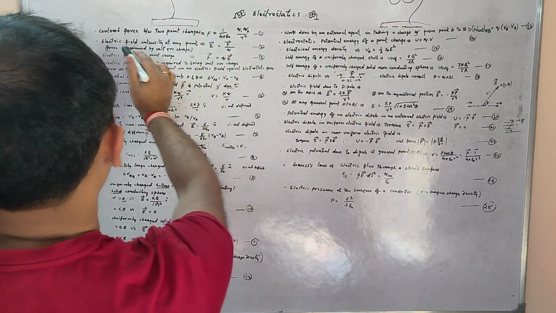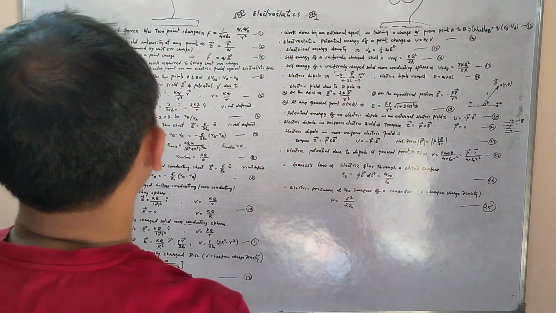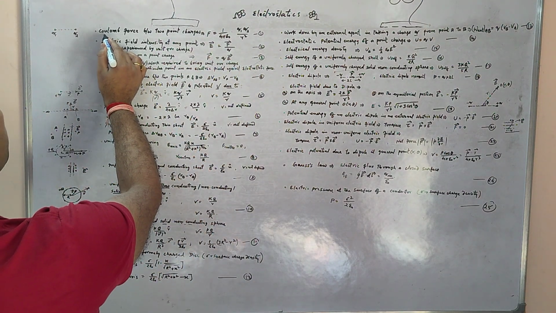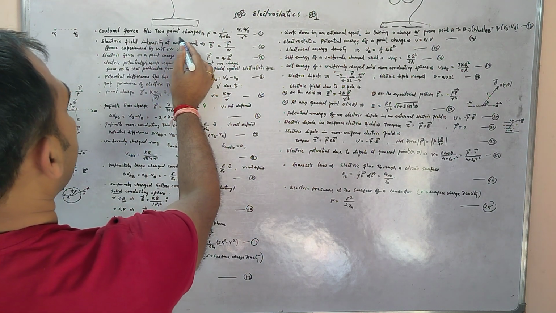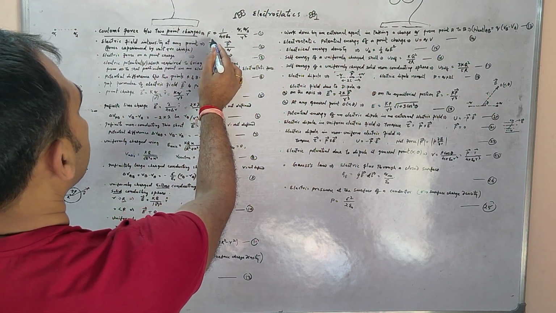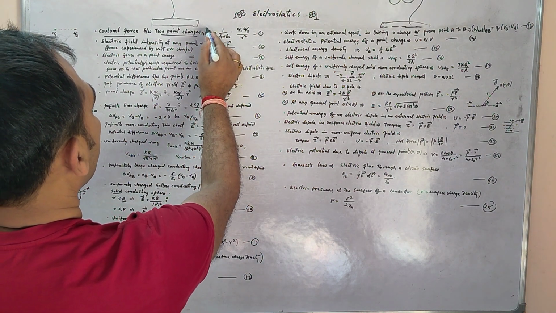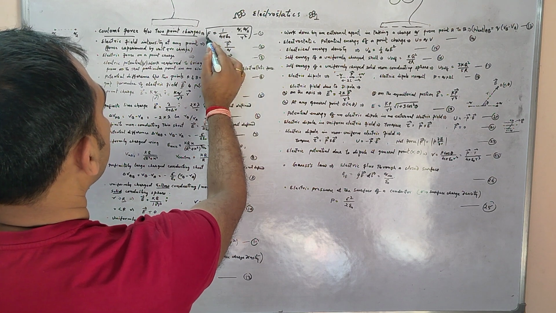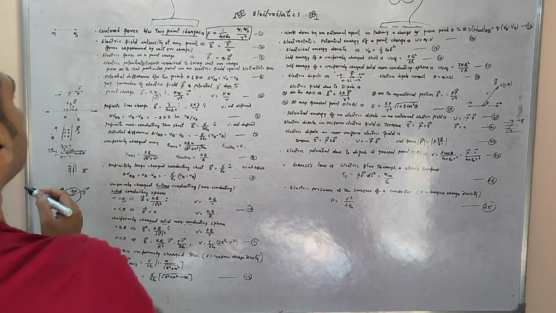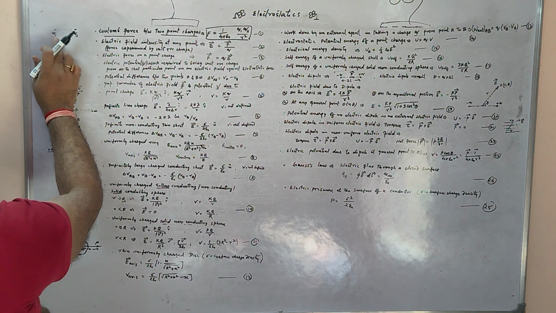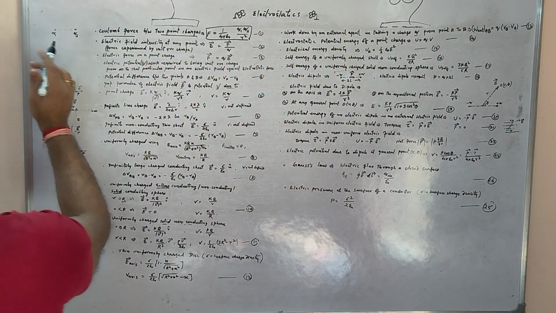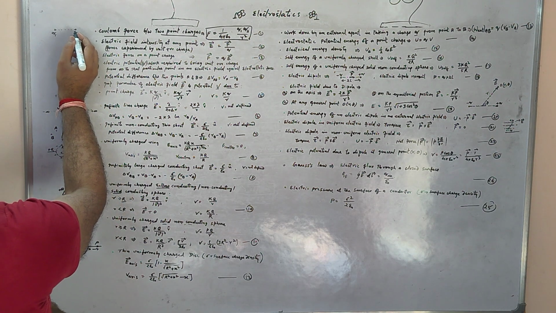Electrostatics. First comes Coulomb's force between two point charges. F will be equal to 1 upon 4 pi epsilon naught q1 q2 by r square. q1 and q2 are two point charges, so the force will be equal to this.